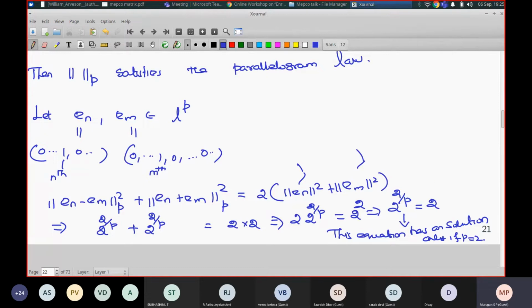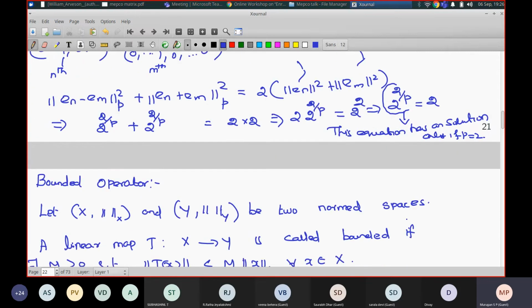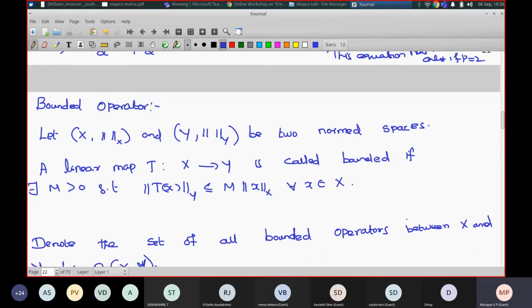Of course, for p equal to 2, this is a rational number. When p is greater than 1 and not equal to 2, it is an irrational number. Therefore, this equation is not valid. This equation is valid only if p equal to 2. Therefore, l^p is a Hilbert space if and only if p equal to 2. Right? The proofs are simple. Next, bounded operators.